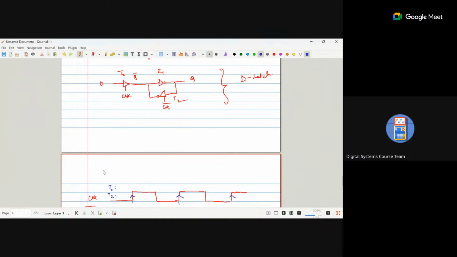Any answer? So what is T0? T0 is opaque and T2 is transparent. Correct. T0 is opaque and T2 is transparent.